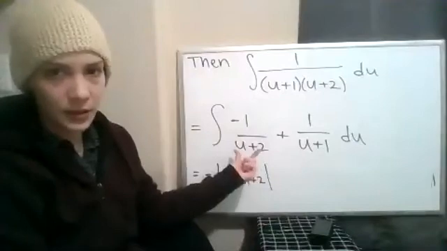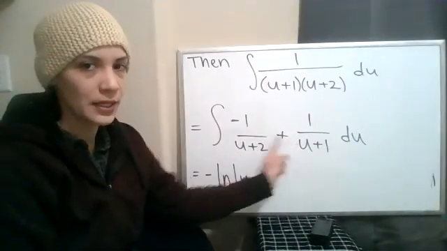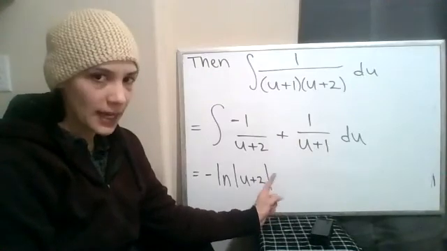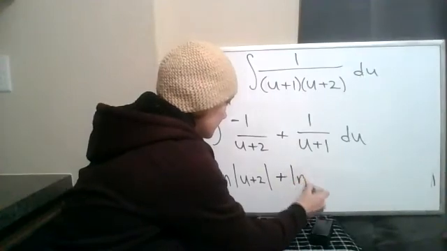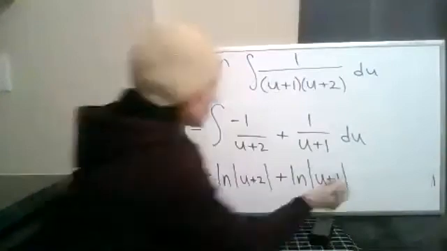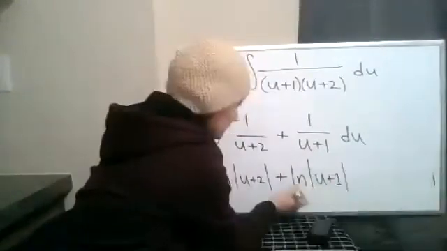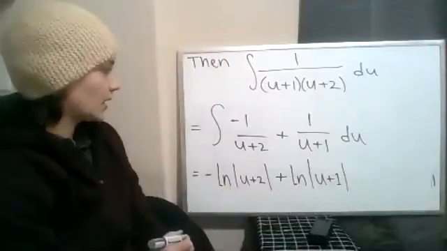You could do a substitution there to get this answer. And here, another substitution would give you ln absolute value of u plus 1. And add a c.